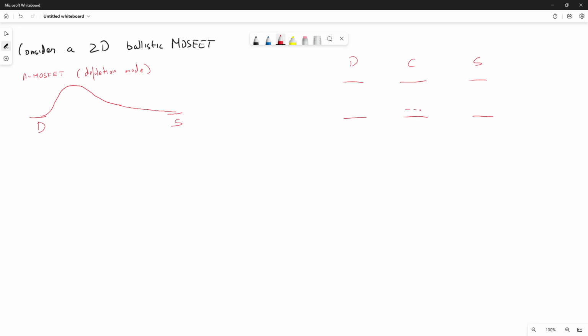So the Fermi level is going to be somewhere over here. Source and drain are going to be N-type material, so its Fermi level is going to be up here. So when I bring these three together, just look at the conduction band profile. At equilibrium, how is the conduction band profile going to look like? It's going to look something like this, correct?